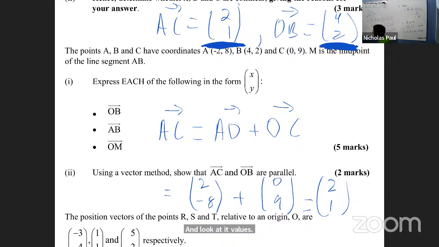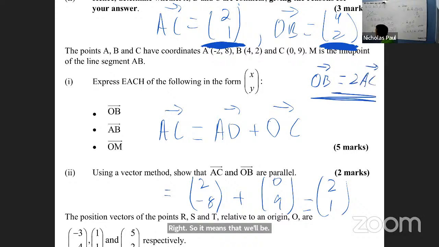Can you multiply AC by anything to get OB? Listen again. Can I multiply AC by any value to give me OB? 2, right? So it means that OB is equal to 2 AC.